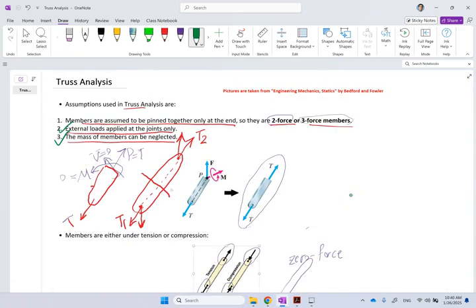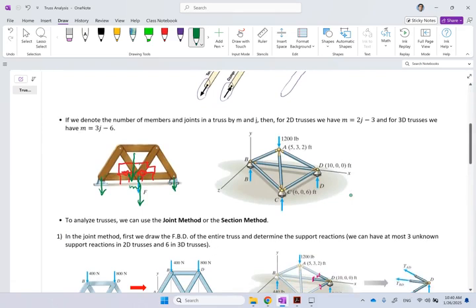In that case, whenever we cut, we cannot just replace that cross section with a single axial force. We have to also bring in the shear force and the bending moment, and that makes analysis of those machines a little bit harder, because now you're dealing with three unknowns at each section. But we'll talk about that. So this one is completely assumed.